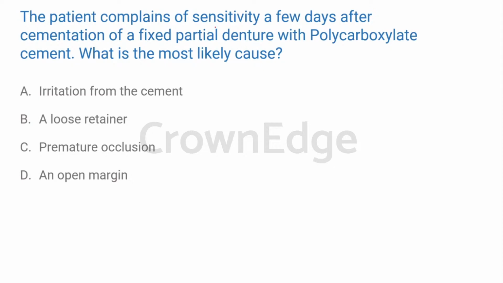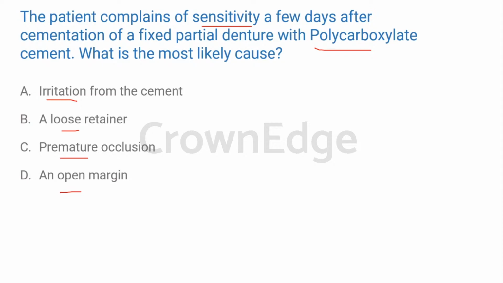A patient complains of sensitivity a few days after cementation of a fixed partial denture with polycarboxylate cement. What is the most likely cause of it? Is it irritation from the cement? Is it a loose retainer? Is it because of premature occlusion or because of an open margin? What do you think, all of you, is the cause of this?